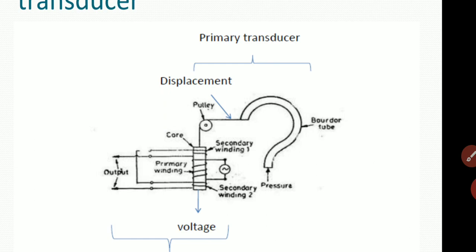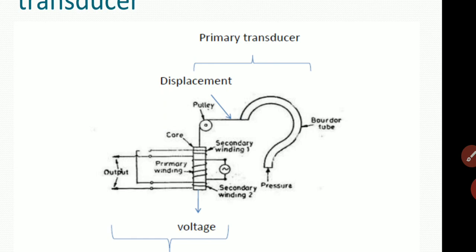Bourdon tube क्या करेगा? Pressure को sense करेगा, and due to this pressure there will be displacement. So pressure is converted into displacement. Physical quantity is converted into mechanical quantity. Now the soft iron core is connected with the pulley. The movement of the soft iron core due to the displacement will happen in the upward or downward direction.